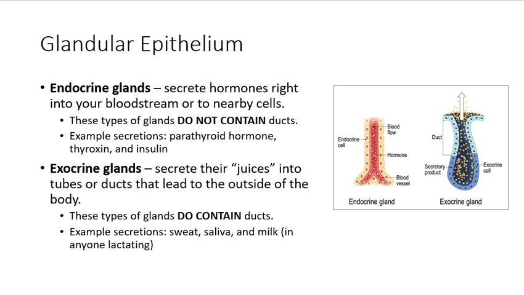Exocrine glands include those glands like sweat glands, oil glands called sebaceous glands, salivary glands, and any gland like mammary glands that produce milk in anyone that's lactating. So exocrine glands are those you're probably most familiar with, but you've probably heard of a couple of endocrine glands that secrete hormones, like the parathyroid gland that secretes parathyroid hormone, or thyroxine and insulin from other endocrine glands.